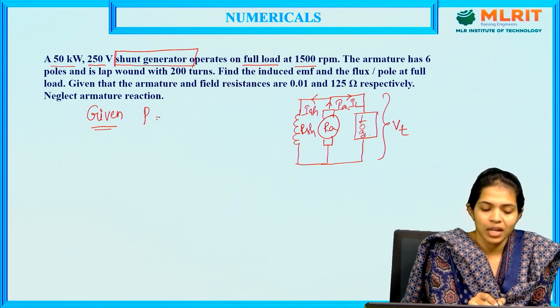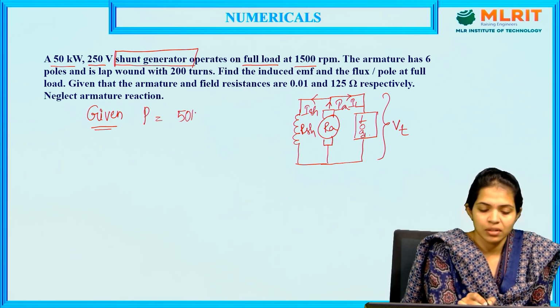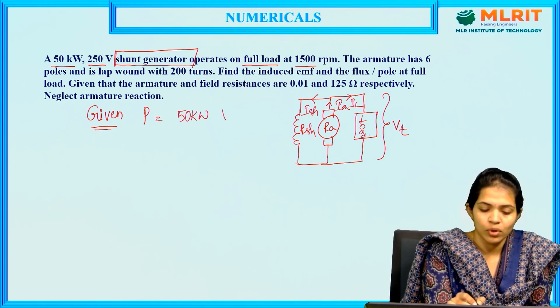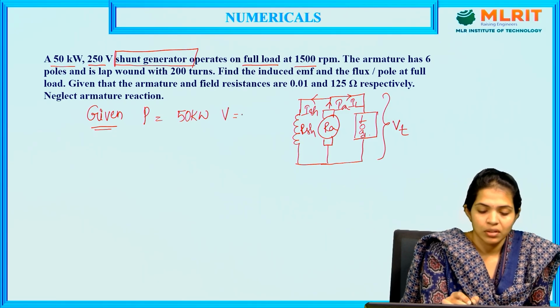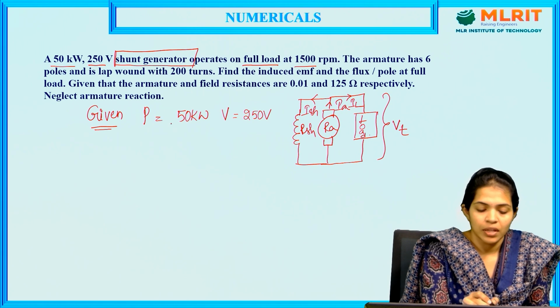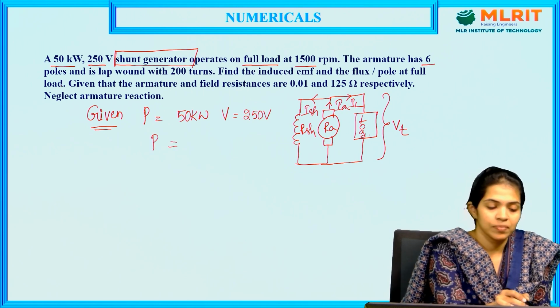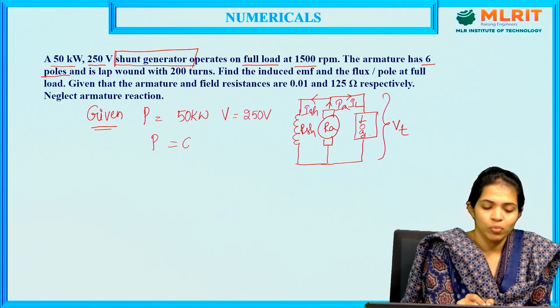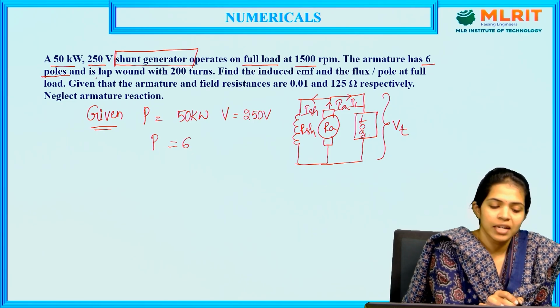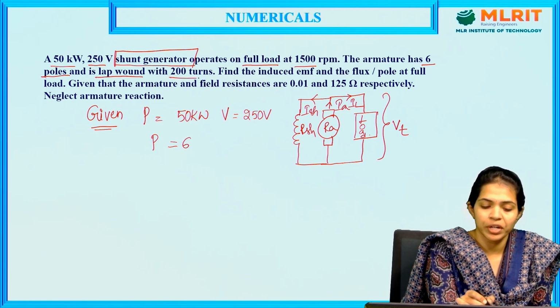Power is given as 50 kilowatts and the voltage is given as 250 volts. The number of poles is given as 6, and it is lap wound with 200 turns.